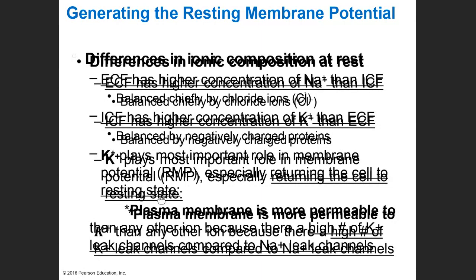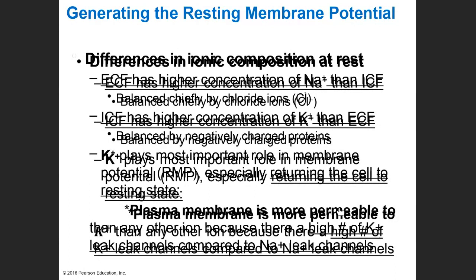Now, something else, a really important point here, is that the plasma membrane of a neuron is more permeable to potassium than any other ion. And you should know why that's the case. Remember, what does it mean when we say that a plasma membrane is permeable? It means that the membrane is open to receiving things or letting things out.